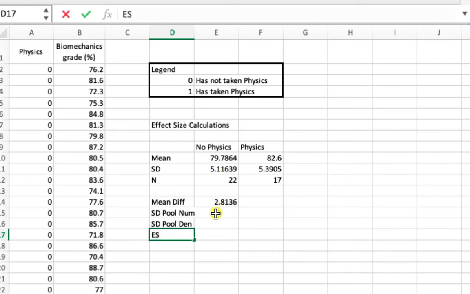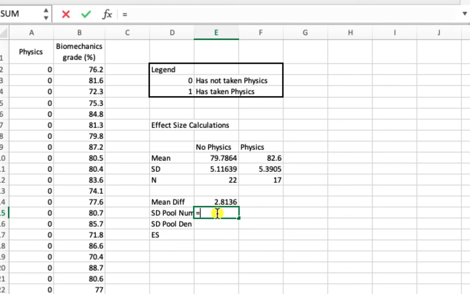That way we don't get lost in all of the parentheses that we need for all of these equations. So the pooled standard deviation is the square root, and in the numerator we're looking at standard deviation squared times n minus 1 for each of our samples.